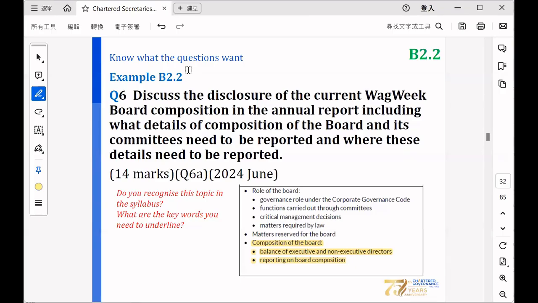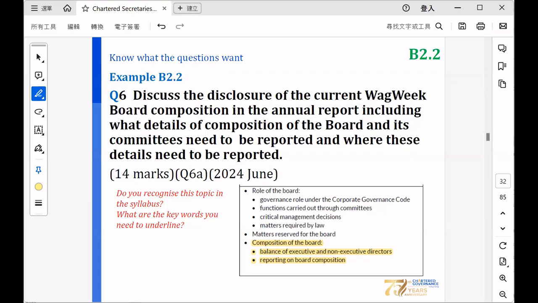So these are the things that are required by the listing rules as well as the company ordinance.